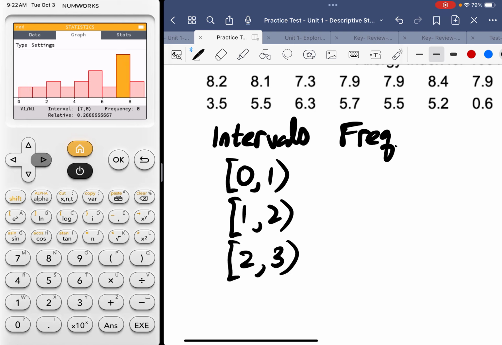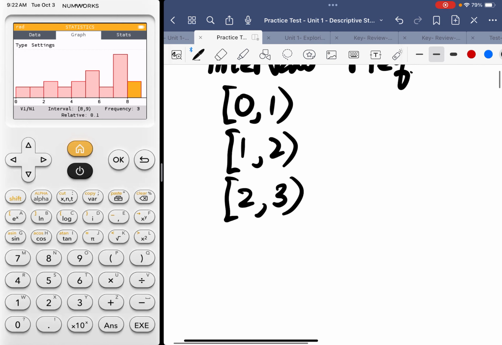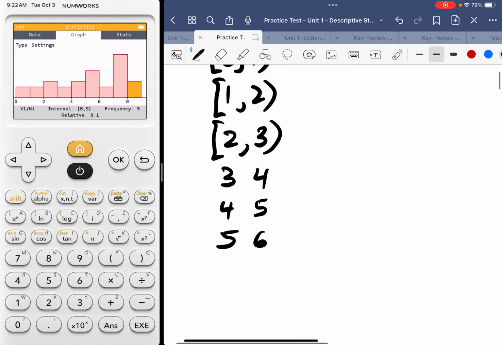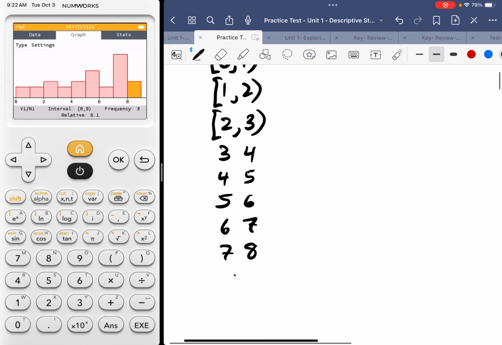All right, the last one there should be 8 to 9. All right, so 3 to 4, 4 to 5, 5 to 6, 6 to 7, 7 to 8, 8 to 9.